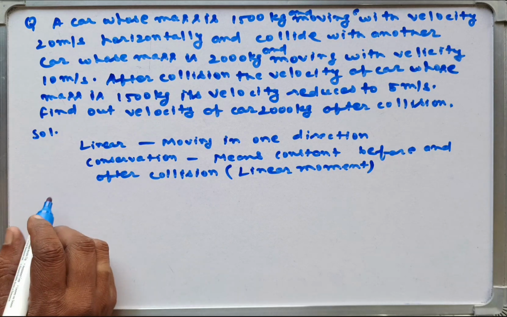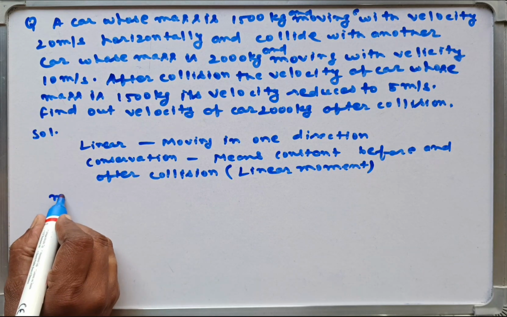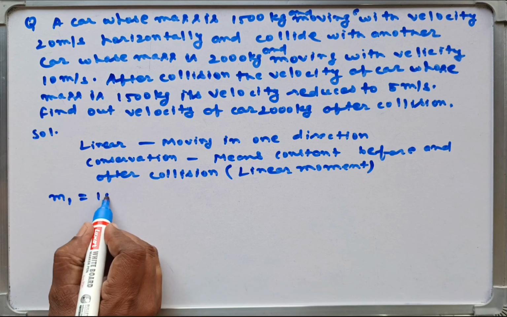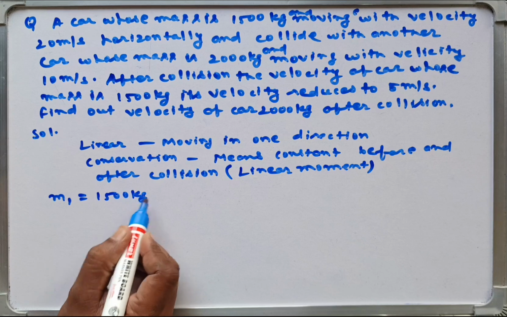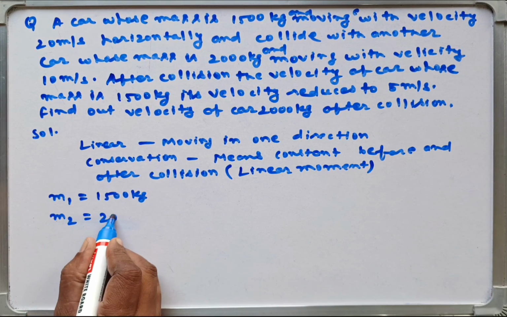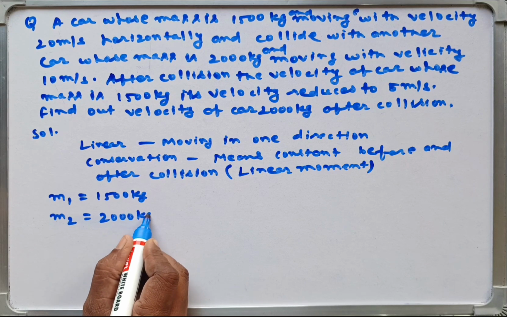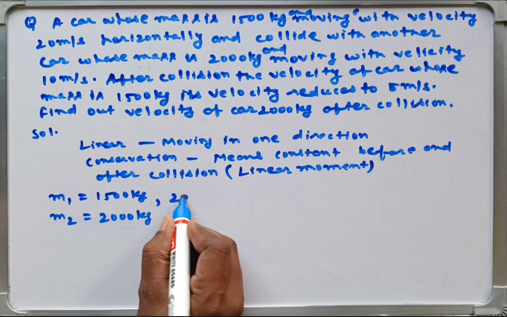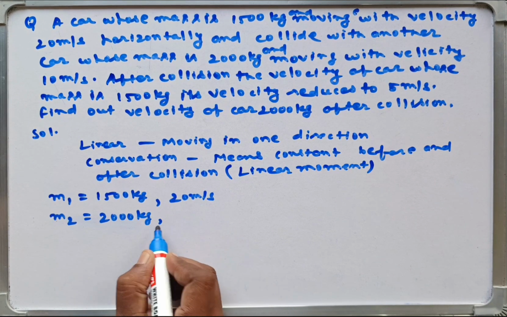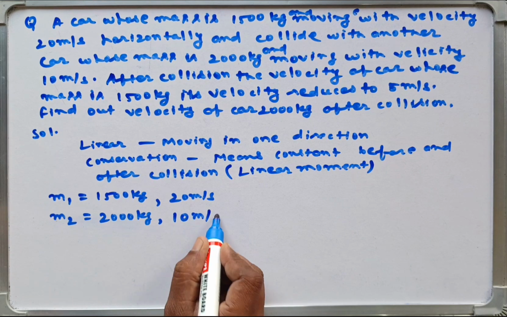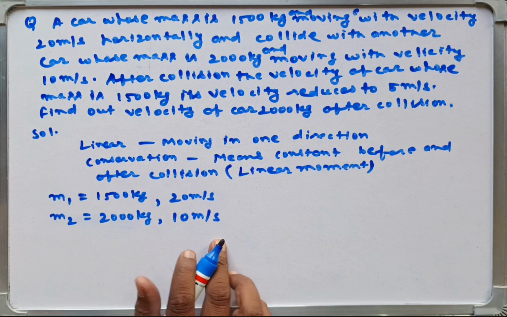Here we first write what information is given. m1, car 1 mass, is 1500 kg, and m2, car whose mass is 2000 kg. Its initial velocity is 20 meter per second and the other initial velocity is 10 meter per second.